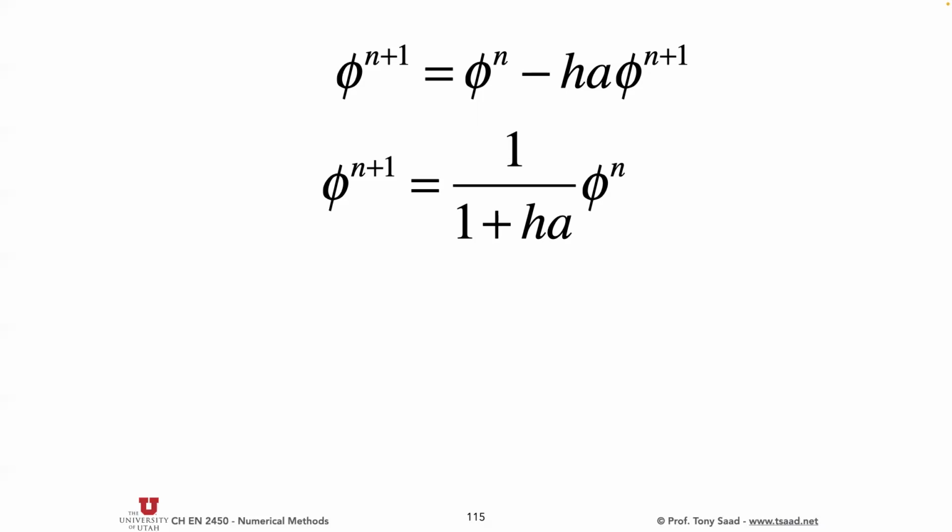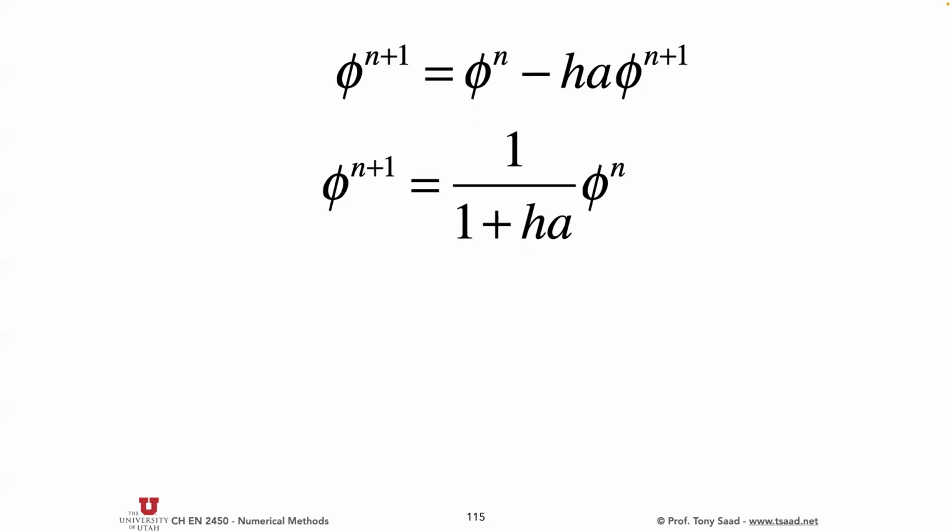If the denominator is 1, you get phi n+1 equal to phi n. If the denominator is 2 or 3, phi n+1 is always less than phi n. Because the denominator is always 1 plus something, it's always greater than 1.